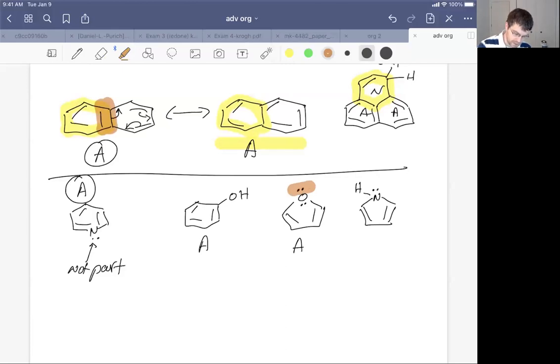So maybe this one's not, but then this one is. Okay, so this is not part of the pi system. Or maybe I'll do something clever here. I'll highlight part of the pi system in yellow, but then not in red.